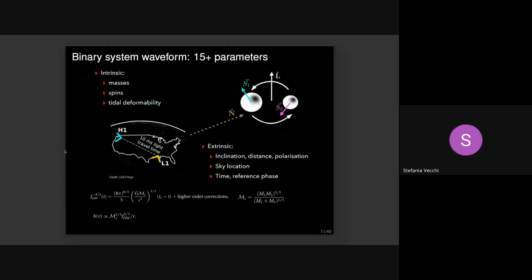So to find the best match, to estimate the parameters of the system, we have to, in principle, try all the 15 or more parameters. But at the end, we can find masses of the system, spins, and even tidal deformabilities in higher order post-Newtonian expansions.